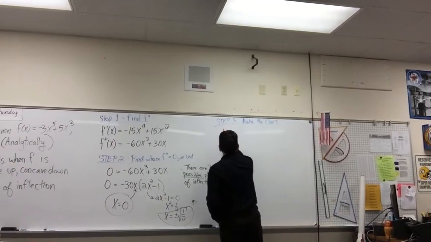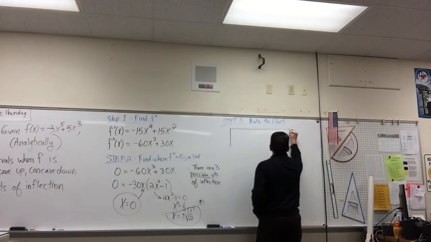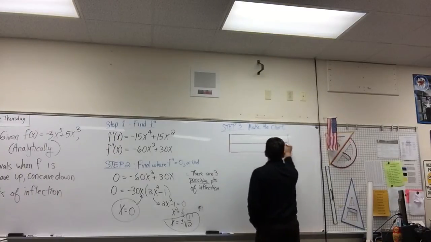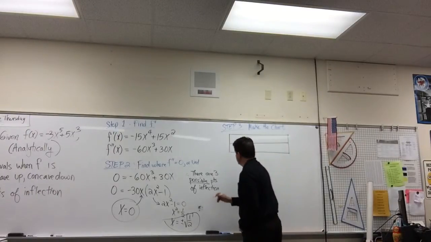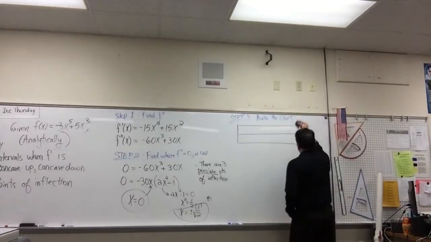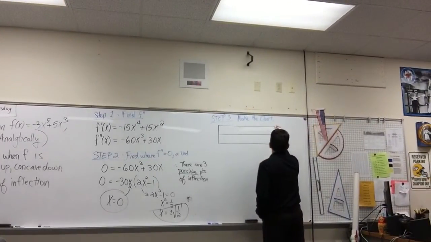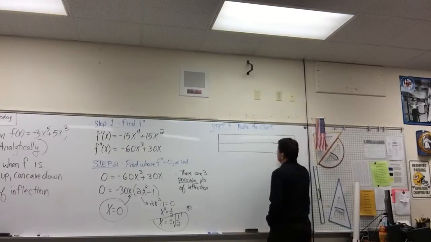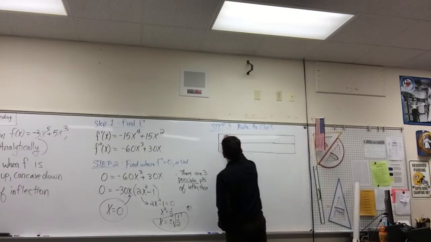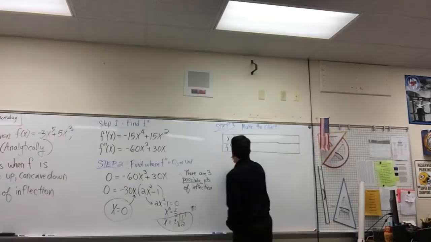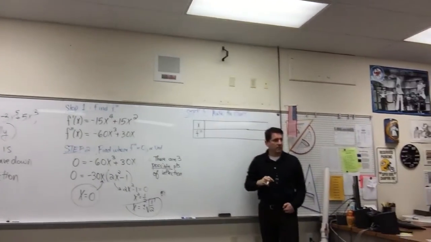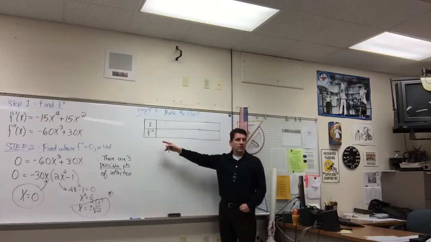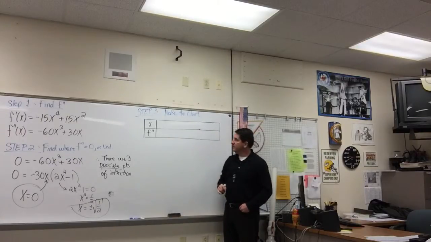And a chart is just a sideways t-table. And I'm going to make it long enough so we get all of our points. So over here, we're dealing with x, but this time we're going to compute f double prime.